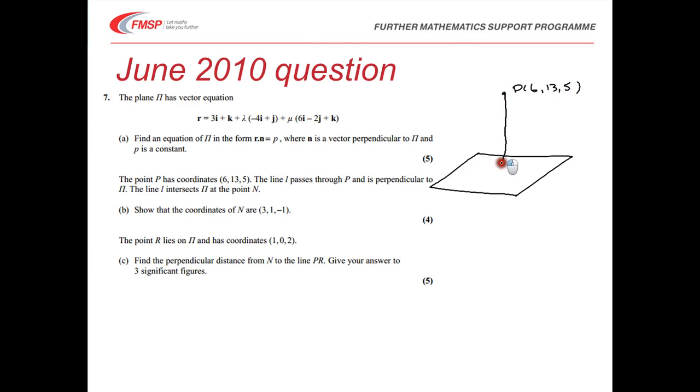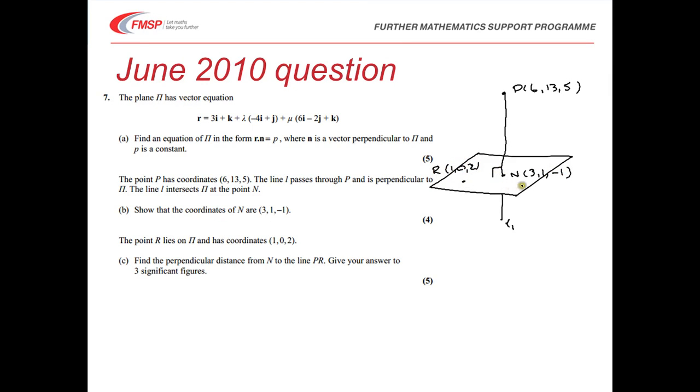We've got this line L1 from before, you'll remember. We calculated the equation of that. This is N here, which is (3, 1, -1). And now we've got another point on the plane called R, whose coordinates are (1, 0, 2).